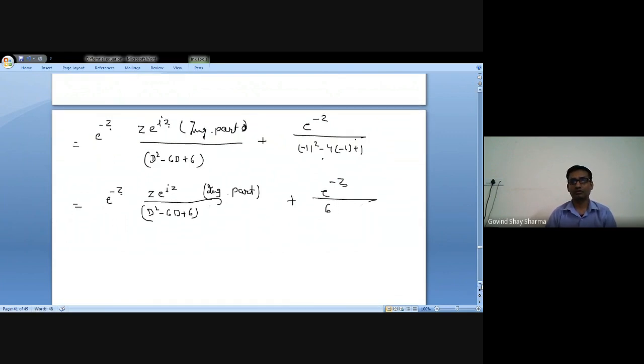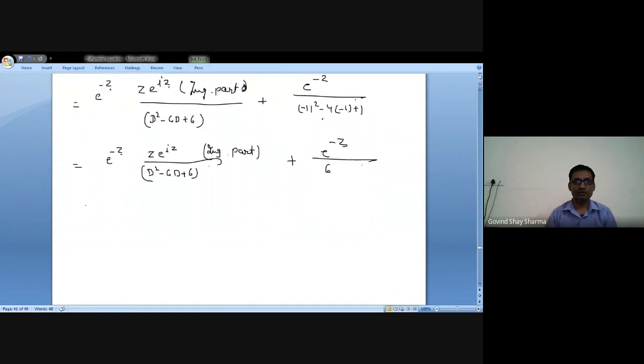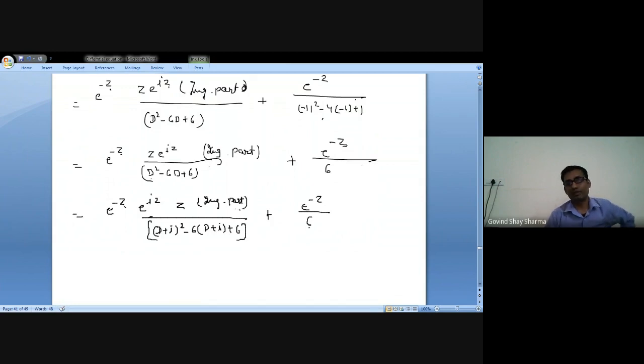Now e to the power minus z, we can put here D plus iota. So this becomes e to the power iota z times z upon (D plus iota) whole square minus 6(D plus iota) plus 6, plus e to the power minus z. This type of PI part we already solved in the previous question, when we had taken x sin x.